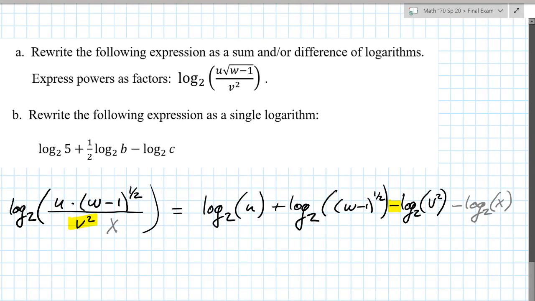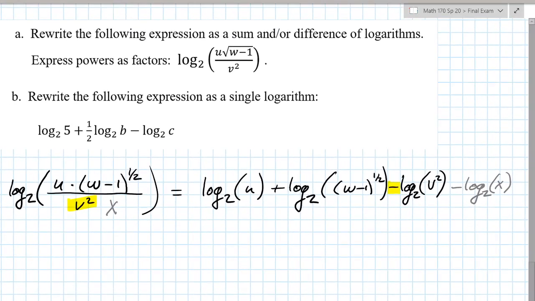Again, because we're dividing by x in this problem, so we're subtracting a log over here. So I'm going to just erase that because it's not part of the original problem.